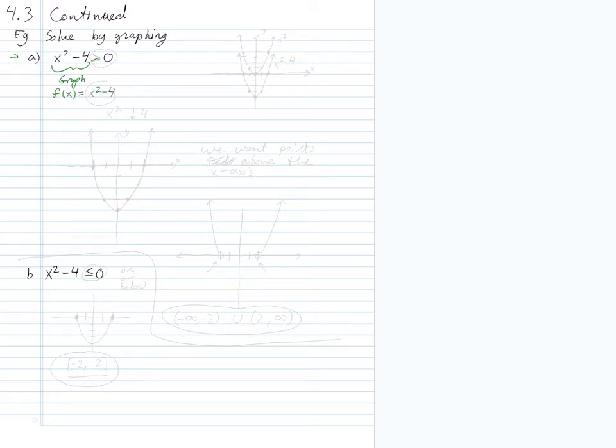Now we could go through all of the trouble of graphing this using the approaches from 4.2, but I think we might be able to save ourselves some time by looking back to chapter 3.